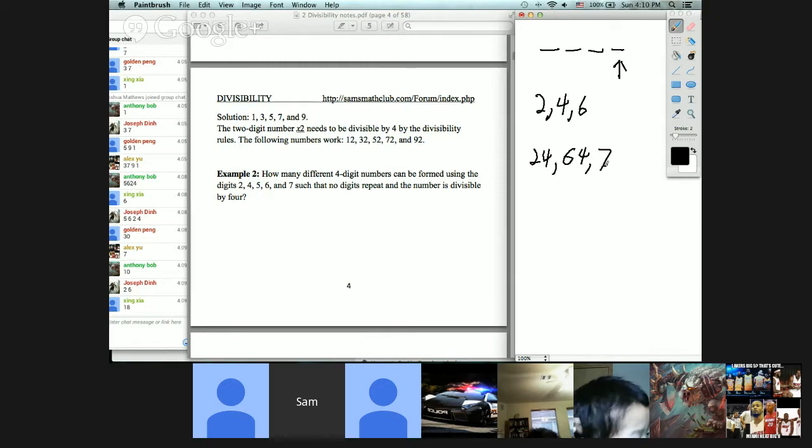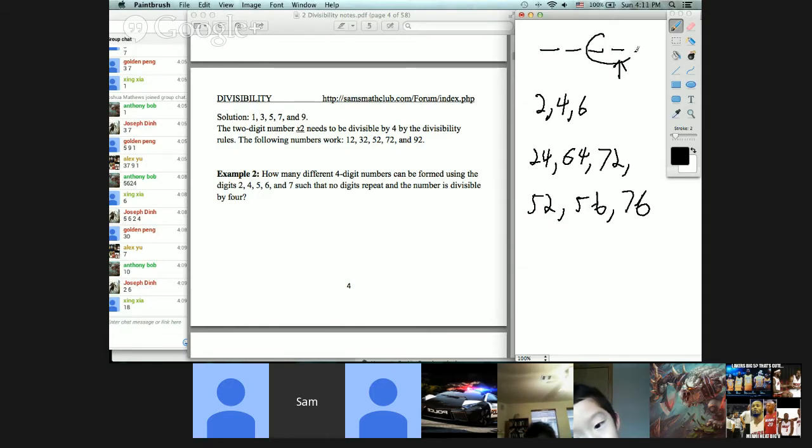Also 72, 52, 56, oops, 76. So that's 1, 2, 3, 4, 5, 6. So 6 different numbers can occupy these two spots.